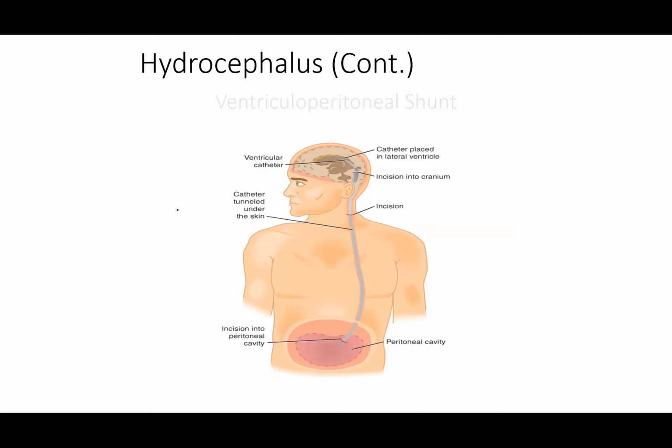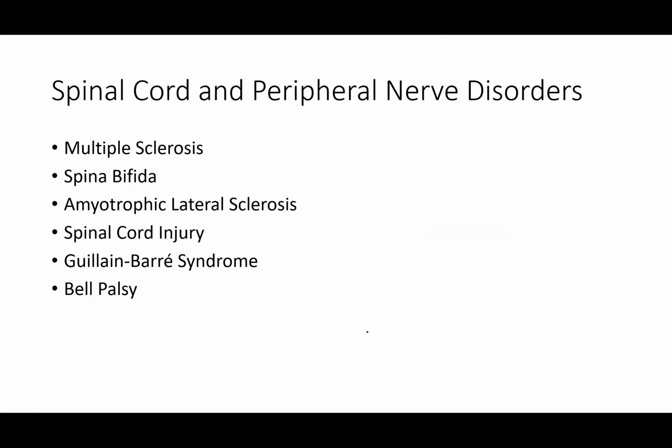Okay, one treatment is the ventriculoperitoneal shunt, where they put a stent between the ventricle and the peritoneal cavity, to help with the drain, to help reduce the amount of fluid in the brain.